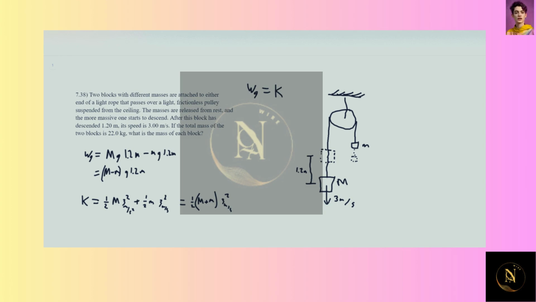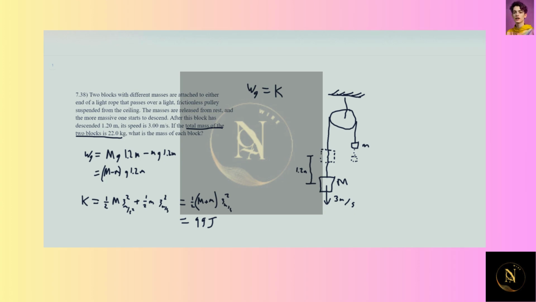Okay, so we know what the sum of the two blocks is. That's going to be 22 kilograms. So when we substitute that in, we're going to have 1/2 times 22. That's 11 times 9. We're going to get 99 joules. Okay, now since we have this value here and we have this here, we can just write what that is.